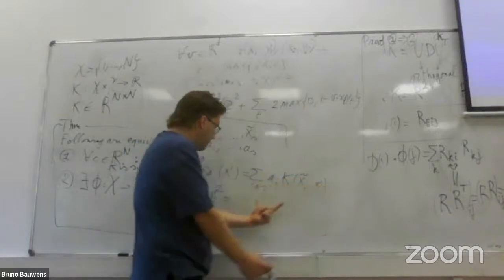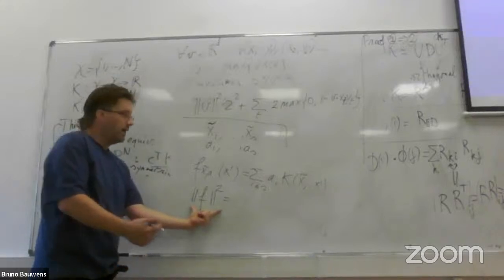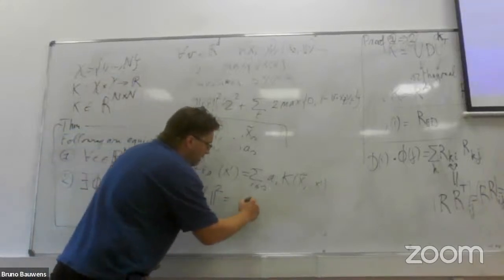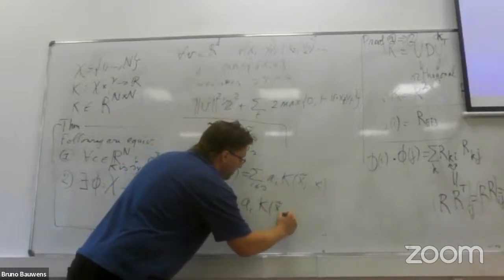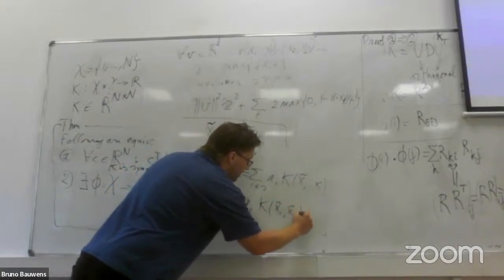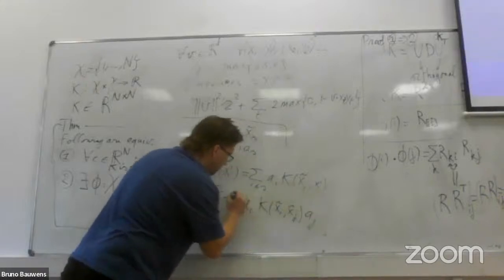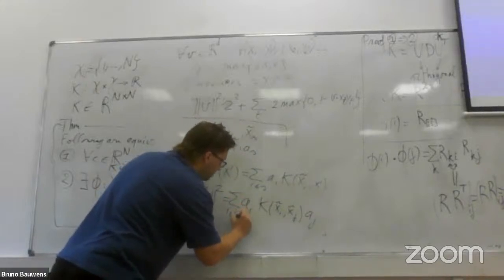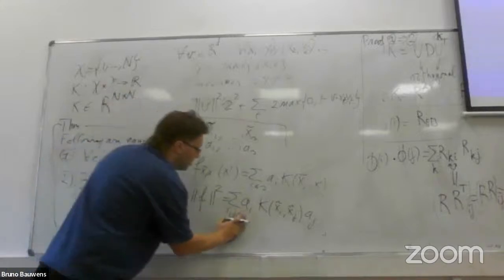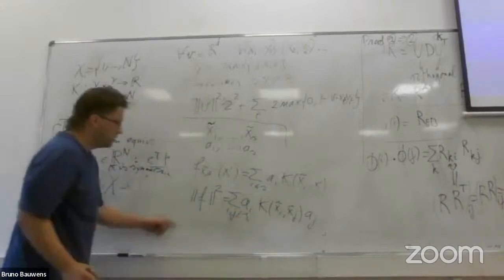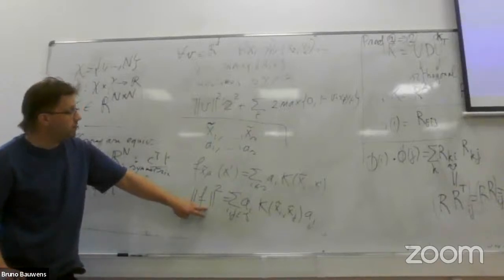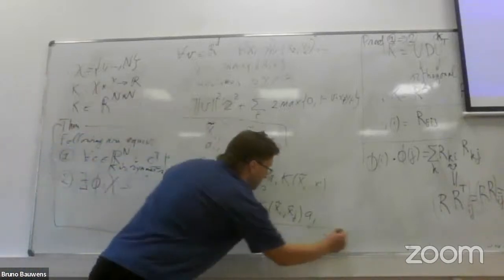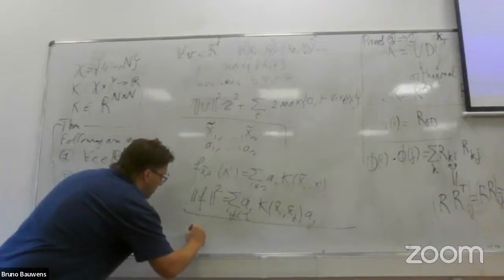I do the same for the norm, which will be the sum of a_i a_j K(x_i tilde, x_j tilde), where we sum over i and j up to S. So this will be the norm of F. And now our mistake bound will be R squared.